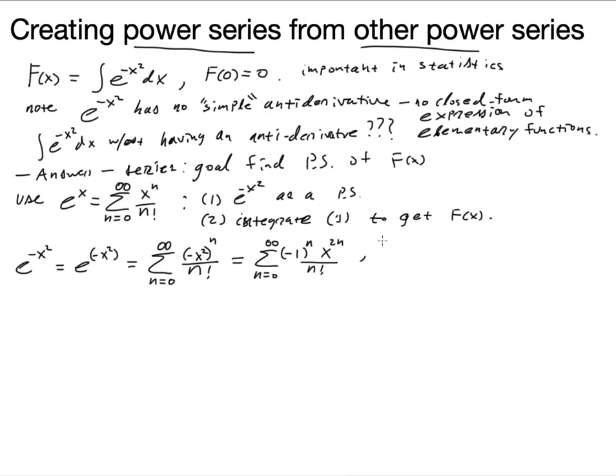The idea here is as follows: if you have negative x squared to the n power, whatever n is, I can write it like this, and then use the power of exponents, that an exponent of an exponent is the product of the exponents.